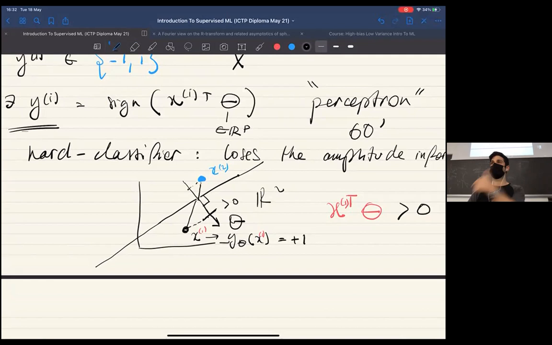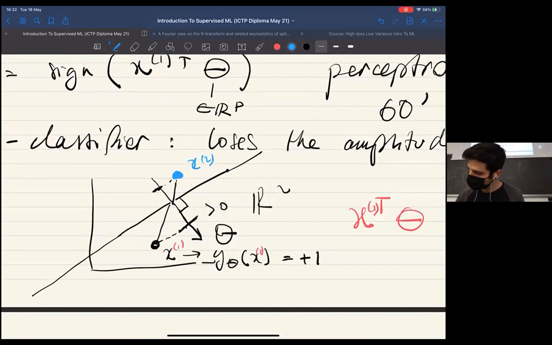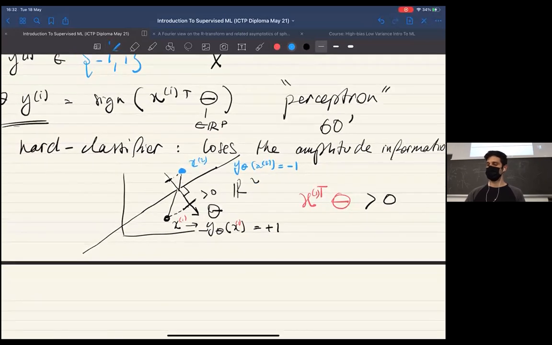It gives me a negative number. This vector theta is oriented. Is it clear or not? It's okay. So here I have a negative number, and therefore, according to my model, the y theta of x2 in this case would be a -1, because my orthogonal projection onto theta for this point x2 is a negative number.